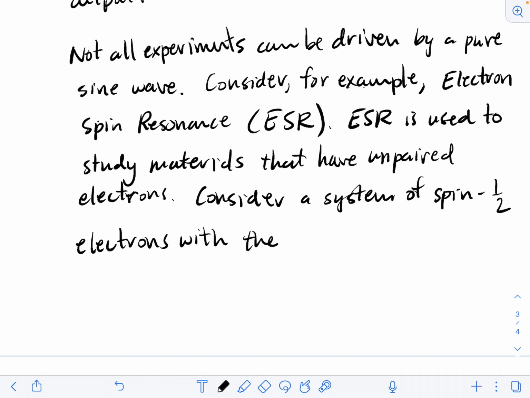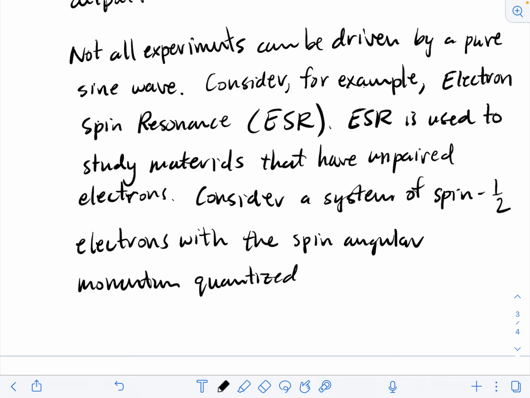So electrons with the spin angular momentum quantized along the z direction, and so the quantum numbers are ms is equal to plus minus 1/2.